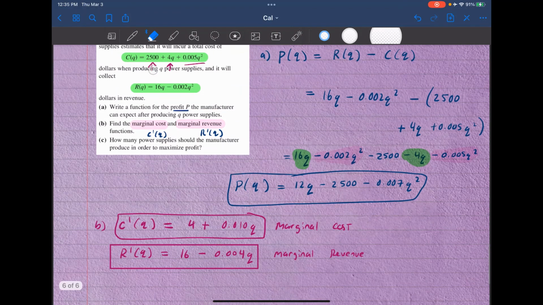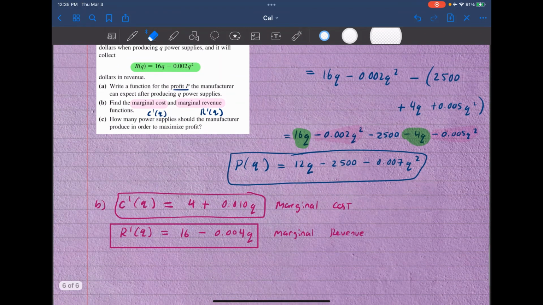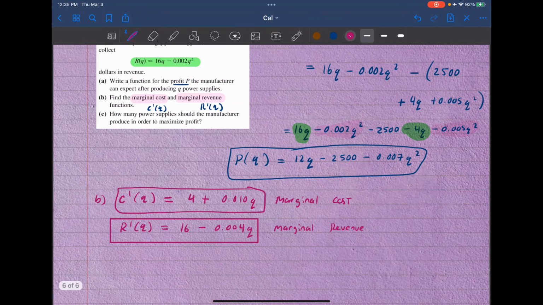Now for the last part of this problem, we're asked to find how many supplies should the manufacturer produce to maximize profit. Again, every time you hear maximize, minimize something, you think of the derivative of that function, set it to 0. So in this case, we're going to take the derivative of the profit and set it equal to 0 because we're looking for maximum profit.